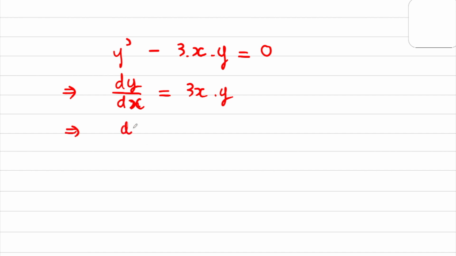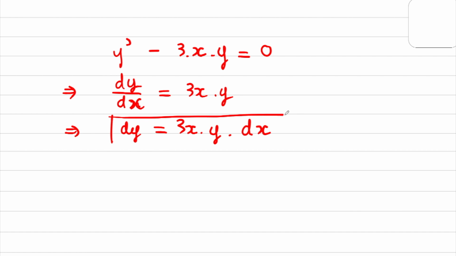And after that, I will use the operation of dx and dy. I will change the dx in the denominator position to this form like here. So in this form, you just have 2 d. The first d on the left hand side is for y, and the second d on the right hand side is for x.